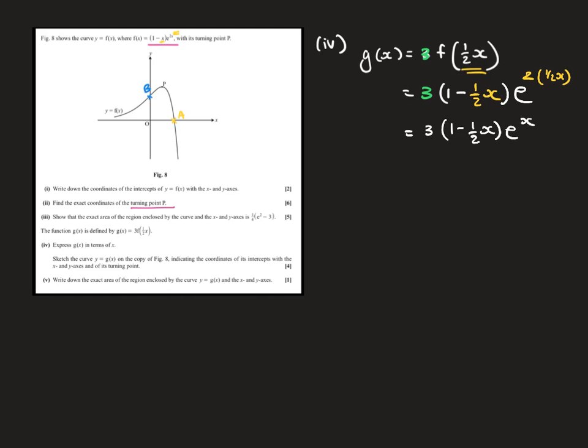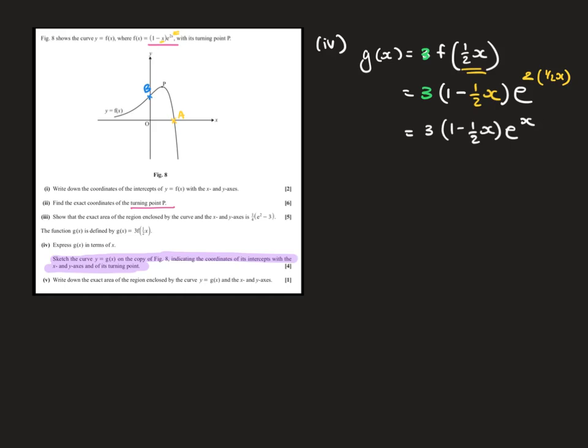Now, we've then got to sketch the curve y equals g of x on a copy of the graph, indicating the coordinates of its intercepts with the x and y axes and of its turning point. Now, this is more an understanding of the two transformations that have occurred here.